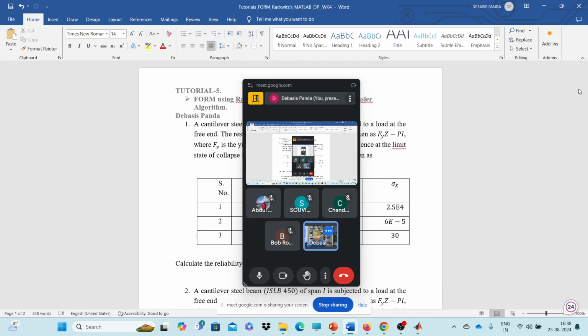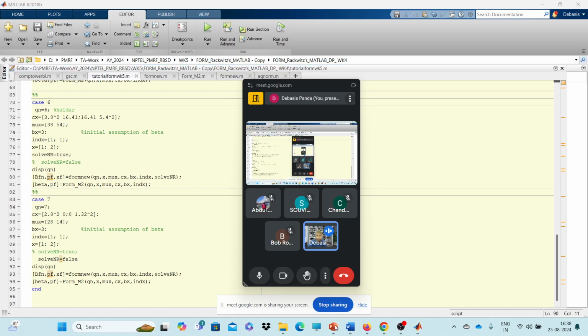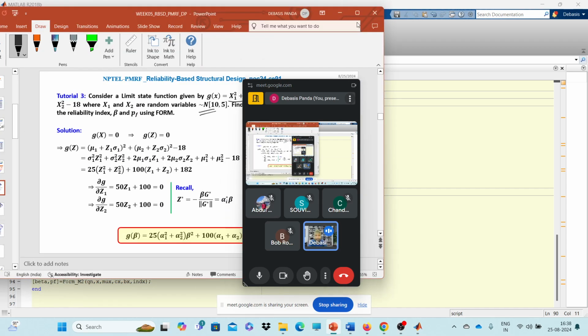You will go through it, and I suggest that you look into the function file, play with it, take different kinds of GX from different books, and try to solve them, or we have different kinds of problems in our session already, so you can solve them or check them one by one. Clear? Okay, any doubt, or we can solve some problems using pen and paper for your assignment purpose.